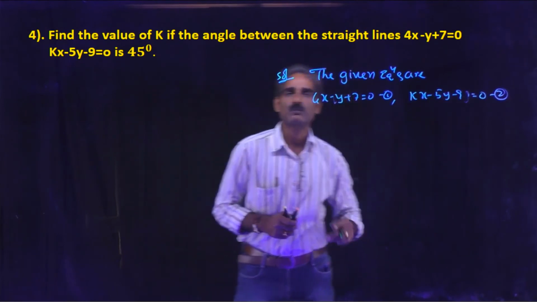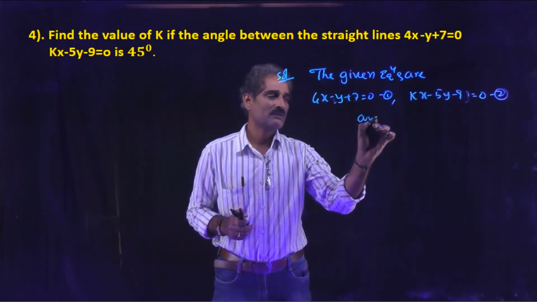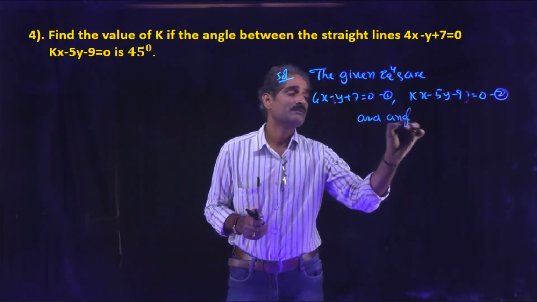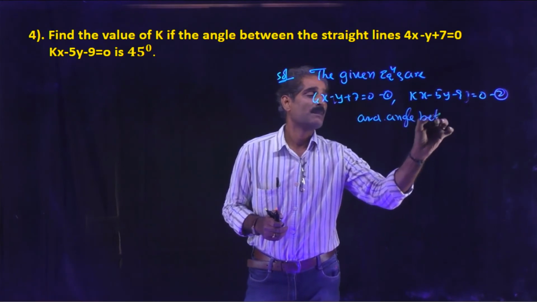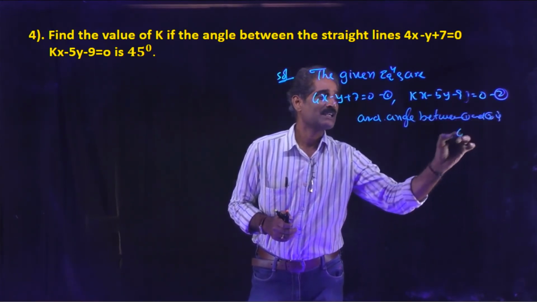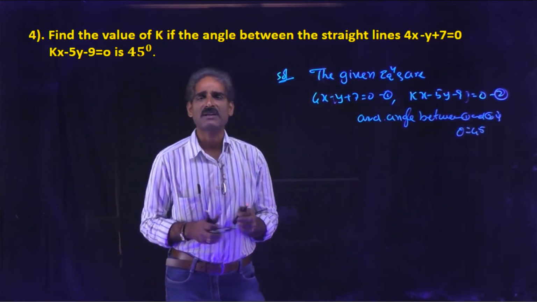Let it be 2. And the angle between 1 and 2 is theta equal to 45. So better to apply the tan theta formula.